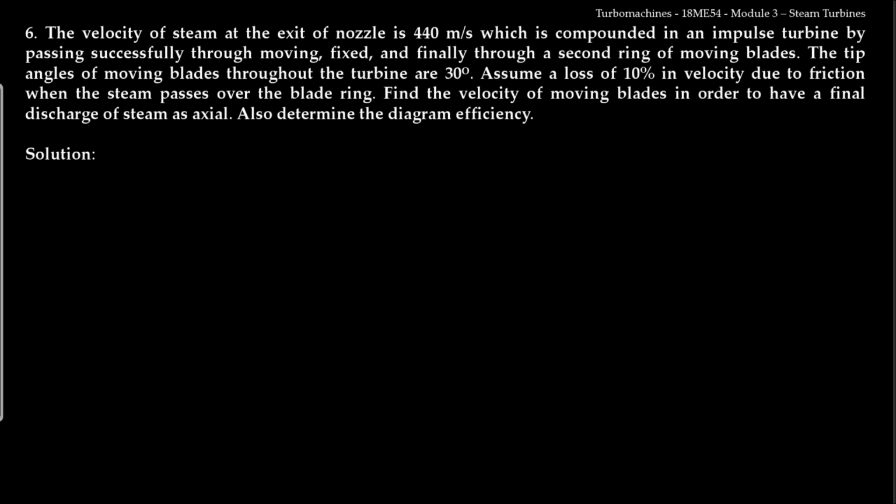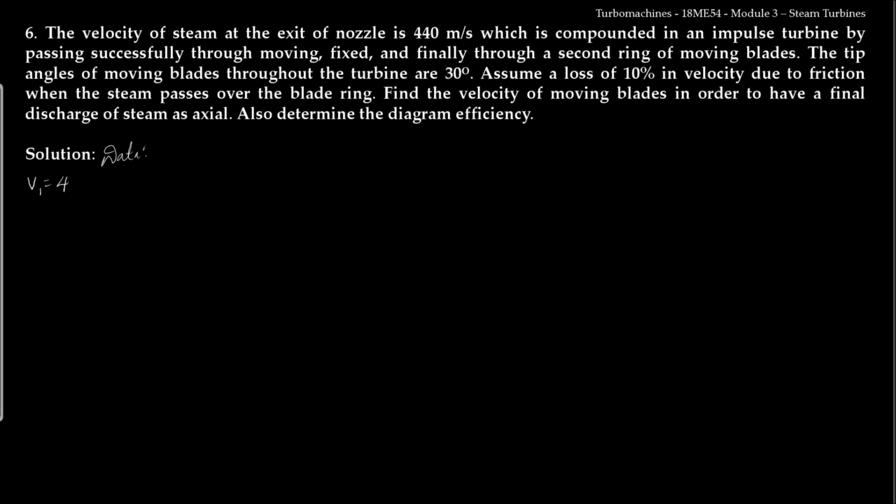Assuming a loss of 10% in velocity due to friction when the steam passes over the blade ring, find the velocity of moving blades in order to have a final discharge of steam as axial. Also determine the diagram efficiency. In this problem, he states that the steam coming out of the nozzle is 440 meter per second, that is V1.